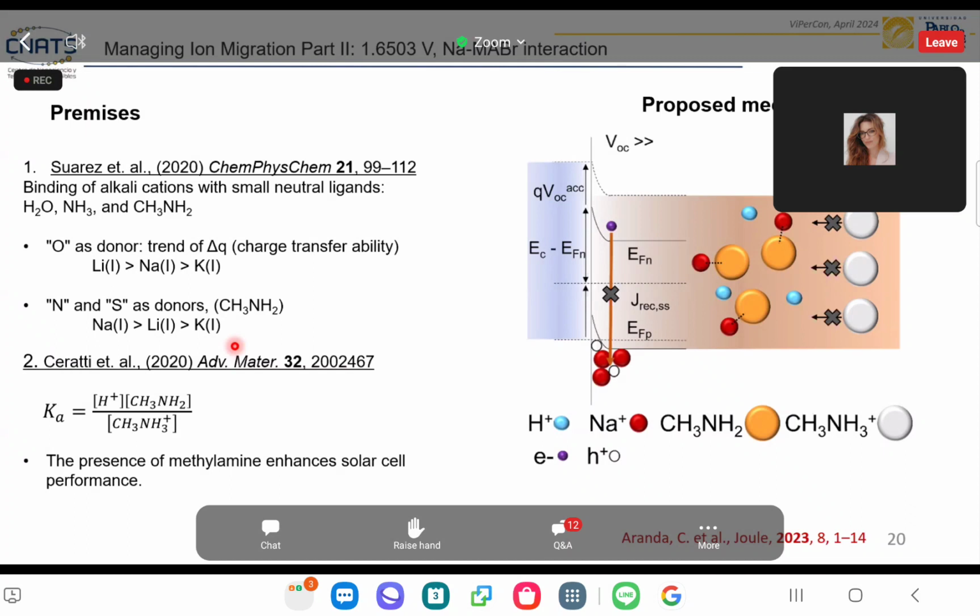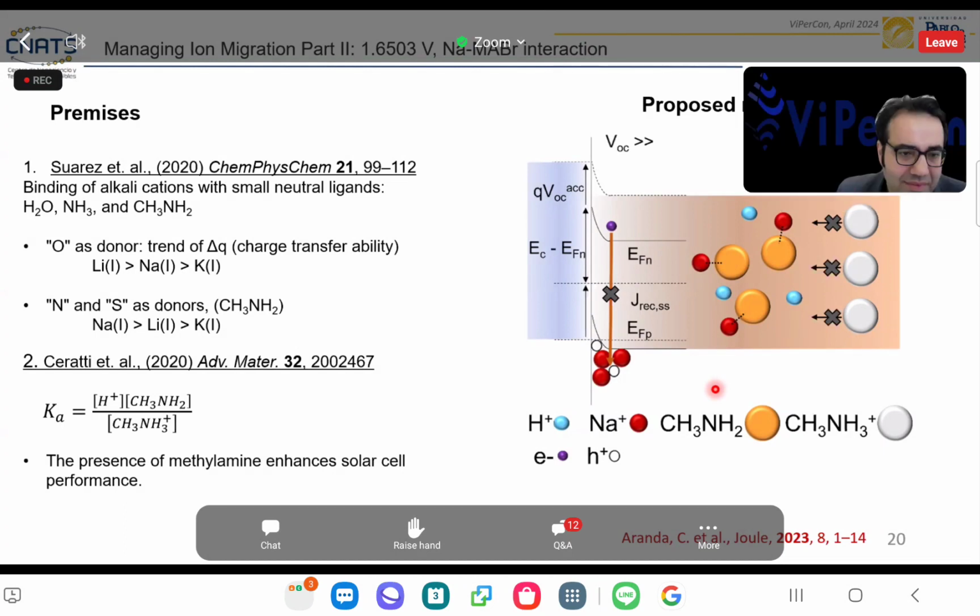So this is the first point. The other thing is, if you can chemically interact with the most migrating ions in your material, then of course you will have benefits in the final performance of your device. Self-assembled monolayers are proving to have very beneficial effects on this matter as well.